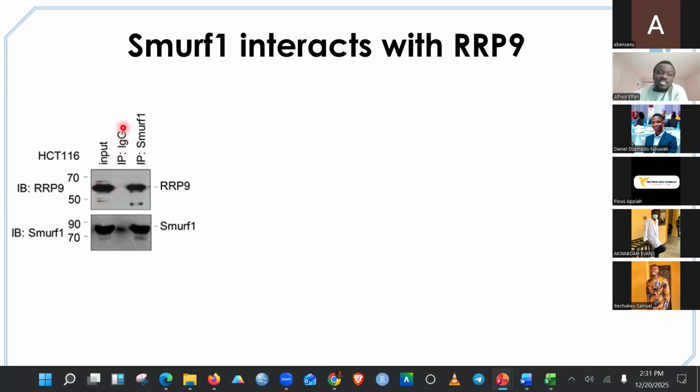Now, let's use an IgG antibody that does not recognize SMURF and see if there will be any band. This is serving as a negative control. Ideally, there shouldn't be any band here. So you see over here, there's no band, but here we are seeing a small band. In theory, we keep saying we don't see any band because it's a negative control. But when you end up in the lab, you see that it's something else.